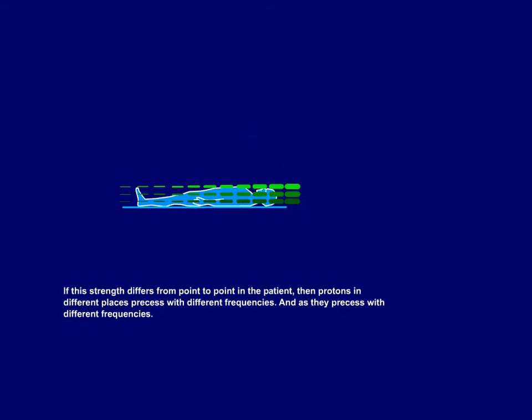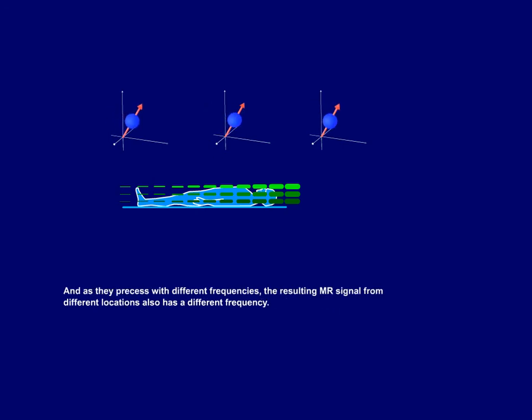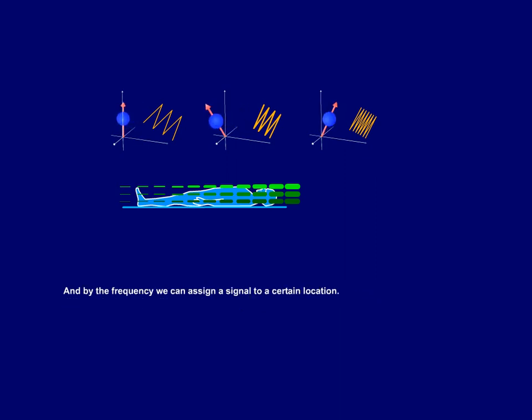If this strength differs from point to point in the patient, then protons in different places precess with different frequencies. And as they precess with different frequencies, the resulting MR signal from different locations also has a different frequency. And by the frequency, we can assign a signal to a certain location.